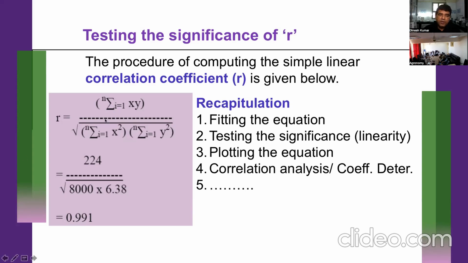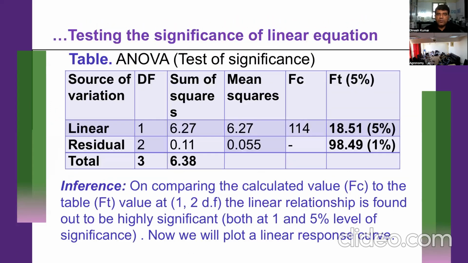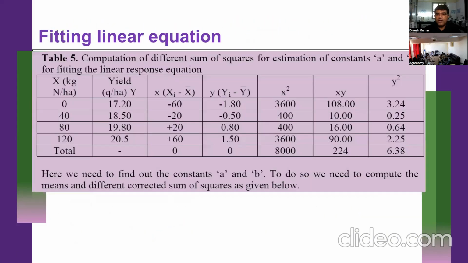On the left side, you are seeing the formula of R, the correlation coefficient: summation xy divided by the square root of summation x square into summation y square. You remember these products were already calculated. Here somewhere I have shown you that we have calculated these values.